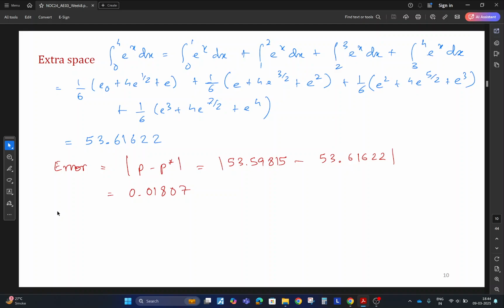As per Simpson's rule, this will be approximately equal to 1/6 [e power 0 plus 4 e power half plus e] plus 1/6 [e plus 4 e power 3 by 2 plus e square] plus 1/6 [e square plus 4 e power 5 by 2 plus e cube] plus 1/6 [e cube plus 4 e power 7 by 2 plus e power 4], which will sum up to 53.61622. In this case, the error is just 0.01807, and we see that the error has decreased by a further order of magnitude just by dividing the interval into four subintervals.